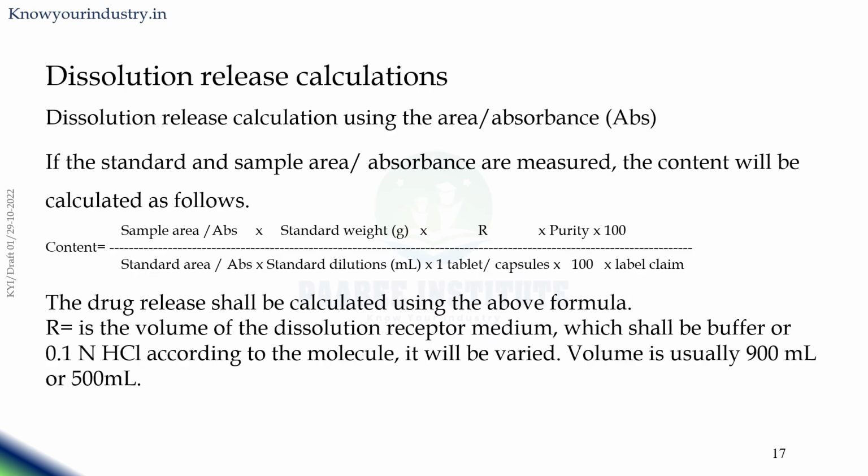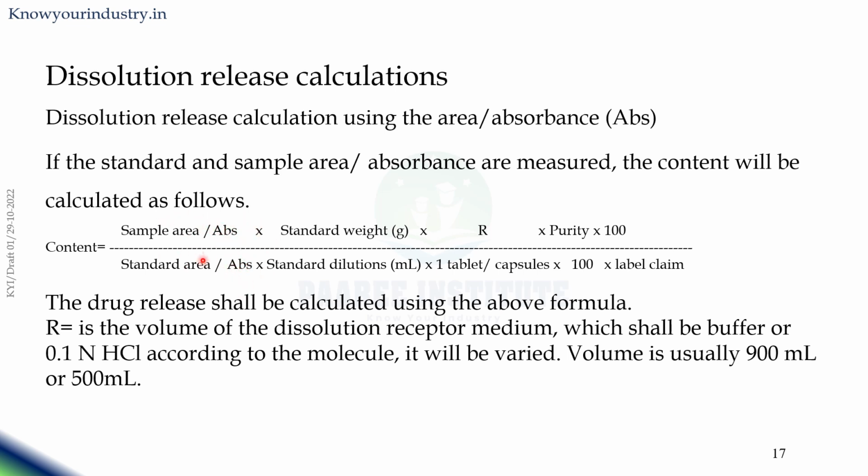So you are going to do dissolution when it comes to a solid dosage form like tablet, capsule, and during dissolution you are going to see the drug content in the release media. So in that case, a similar kind of formula will be used for the calculation. If it is a chromatography method, then you will go for the peak area, standard area and sample area, or in case of the spectrophotometric method, that is colorimetry or UV spectrophotometry or any other spectrophotometry, the absorbance will be used here.